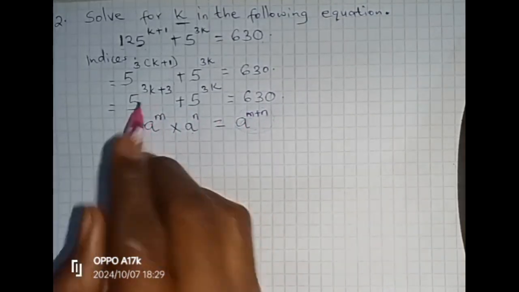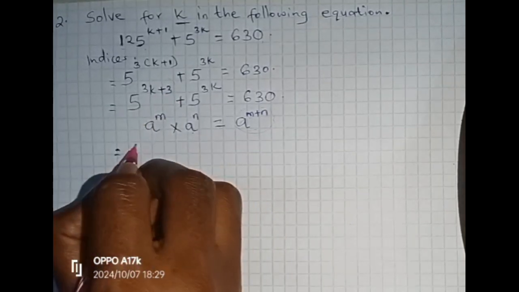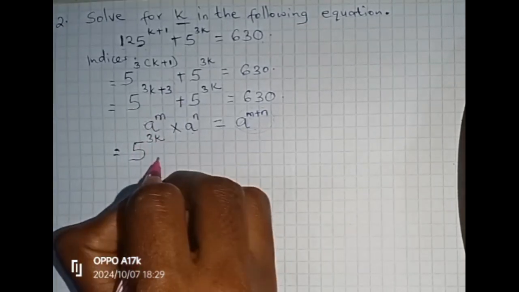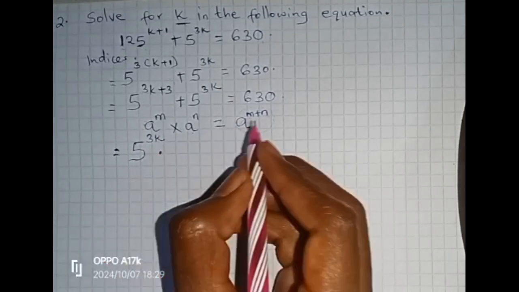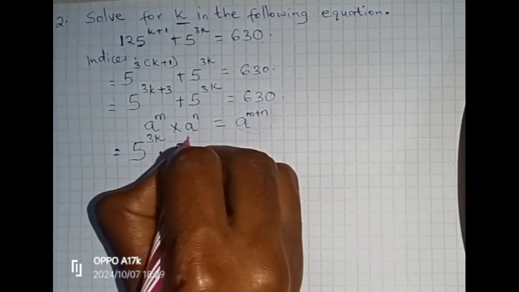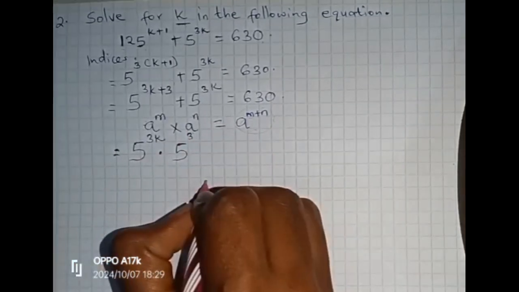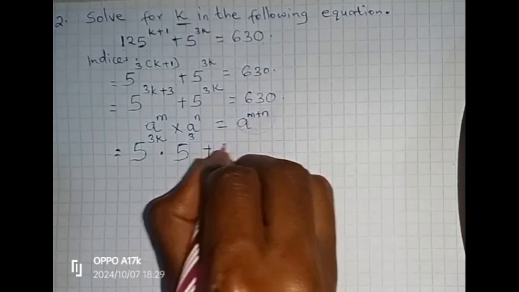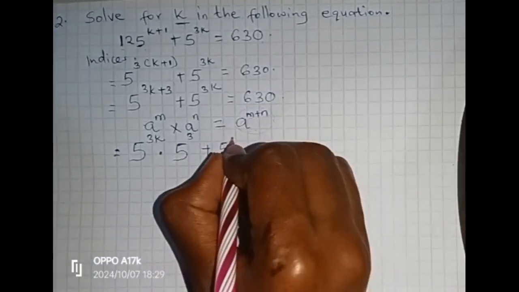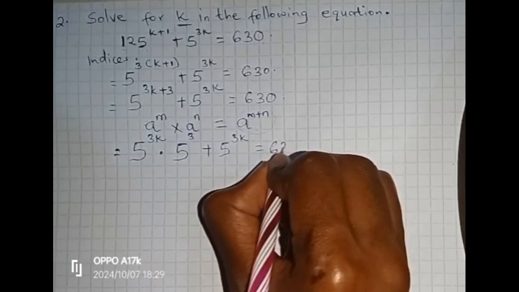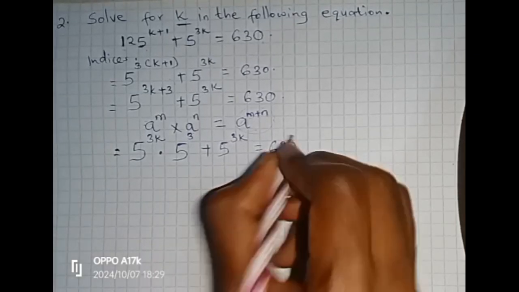Let's do it now. This is the same as 5 to the power of 3k multiplied by 5 to the power of 3, plus 5 to the power of 3k is equal to 630.